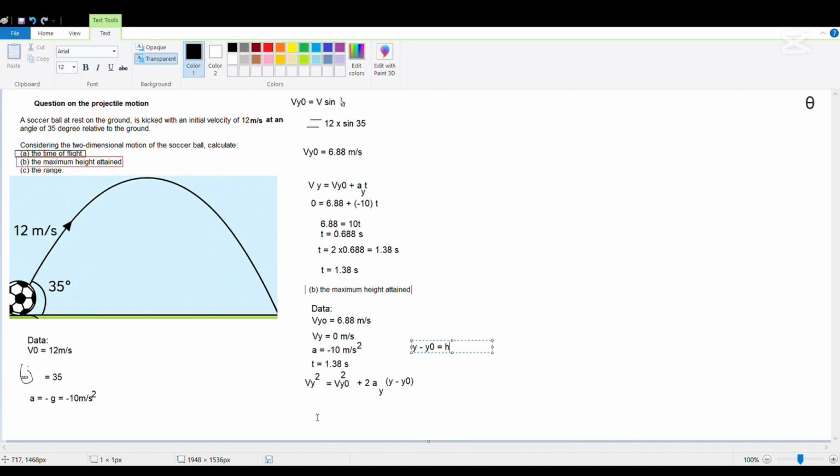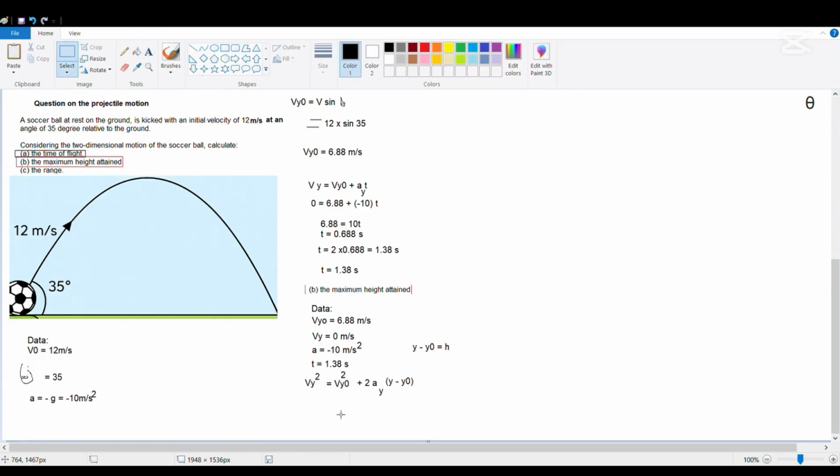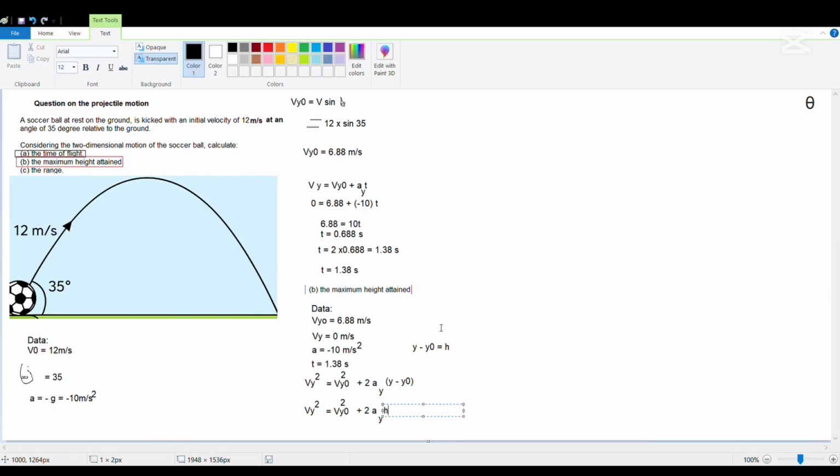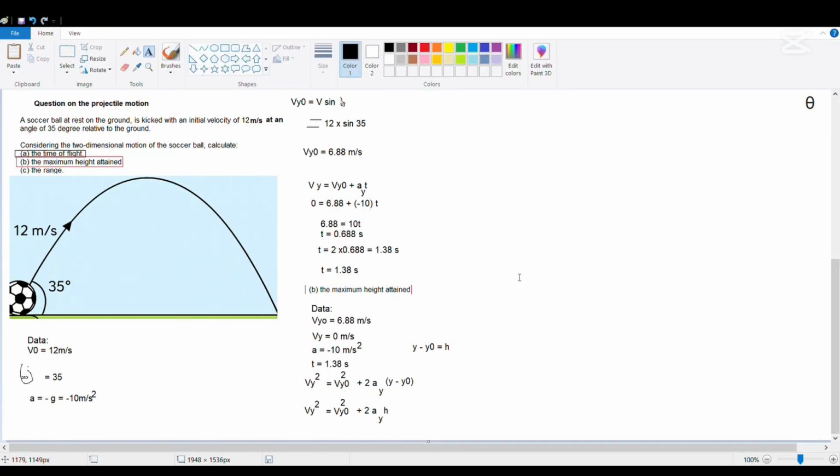I don't have to write it again and again. I copy the same equation here, and this time I remove this y minus y naught and write h here. So we have this equation. Because I want to calculate h, and I believe I have the rest of the stuff with me.